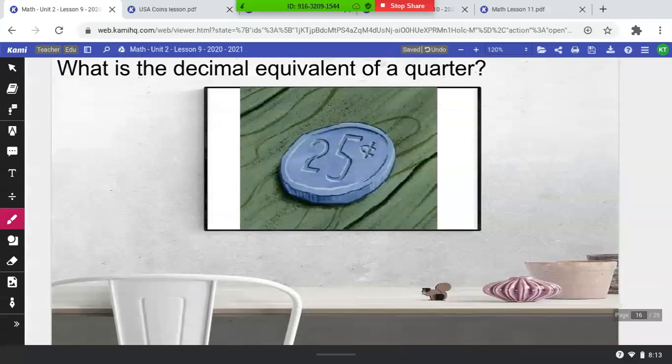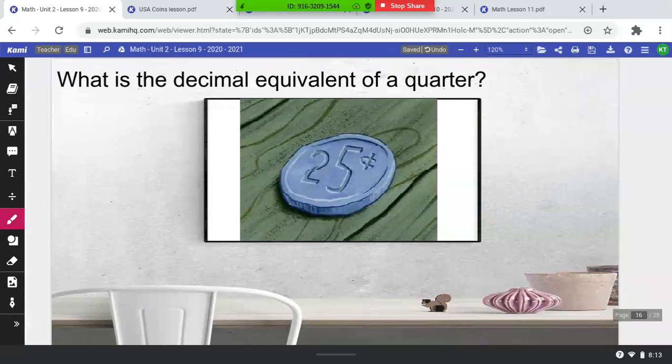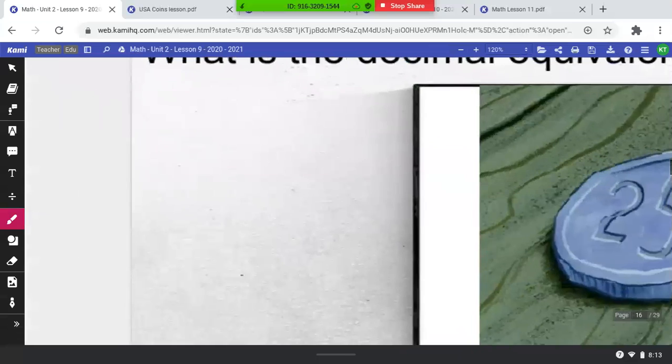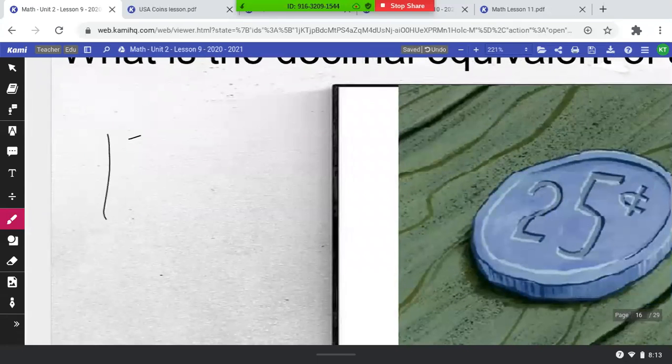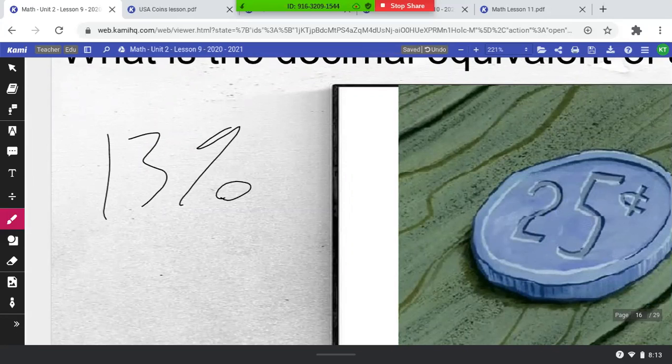A quarter. These are fun. I love quarters. Growing up, I would always keep a jar full of coins, and every year I would go to the bank, get the rolly paper things, and roll them. The reason why I do that is because all the machines in my town, you had to pay 13% of whatever you cashed in, whatever the amount that you converted from coins to dollars.